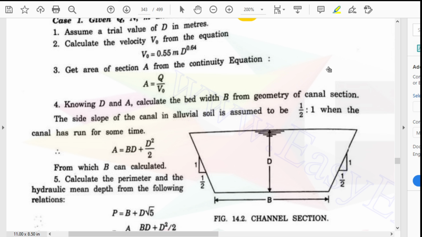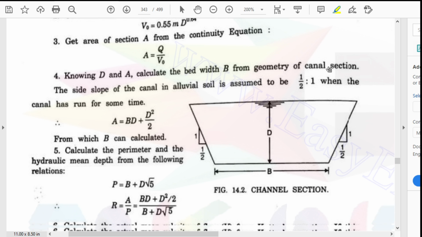Okay, now here one more assumption is that the side slope of that canal is half to 1, half horizontal to 1 vertical. Such type of problems you have solved in the trapezoidal section, most economical trapezoidal section, in the hydraulics subject, so you will easily understand this.